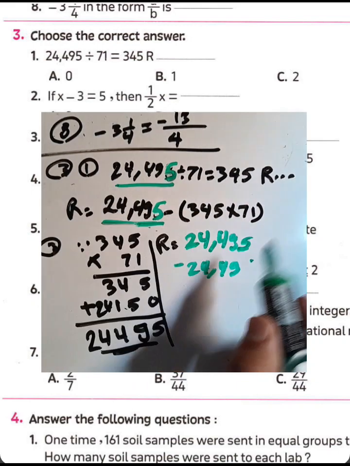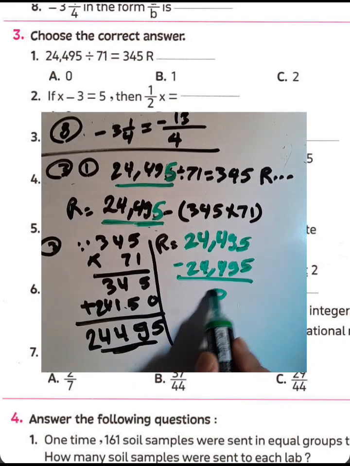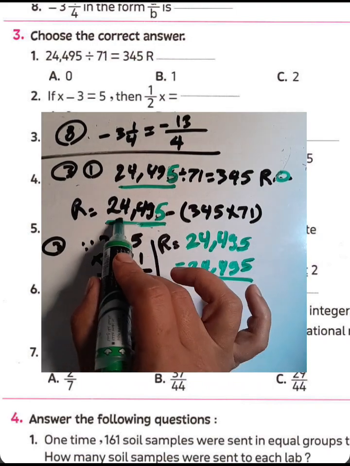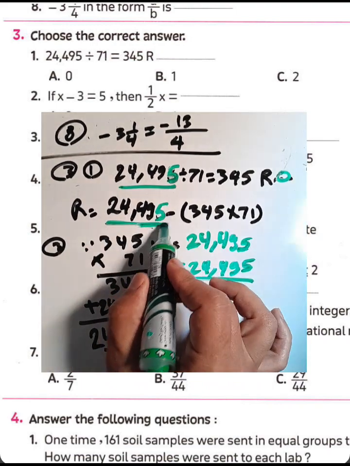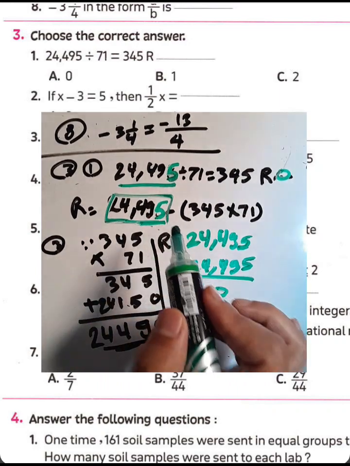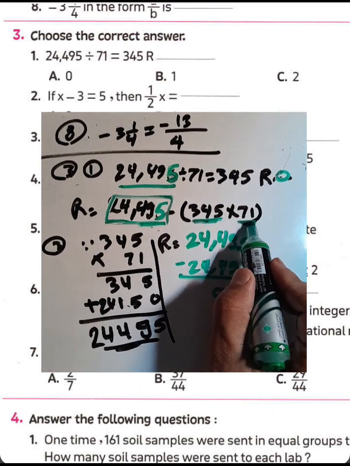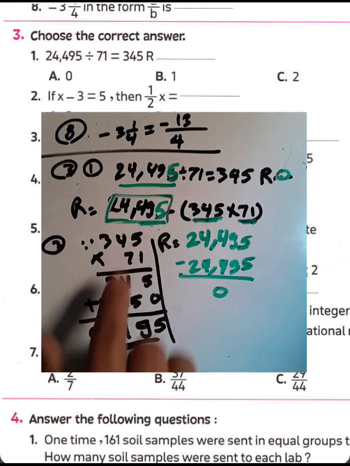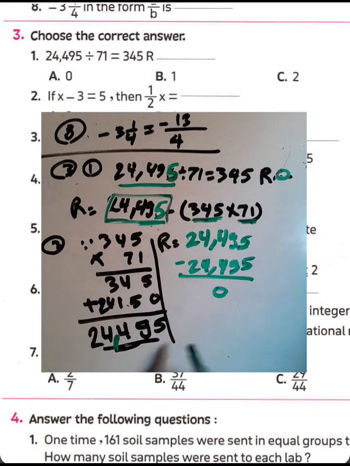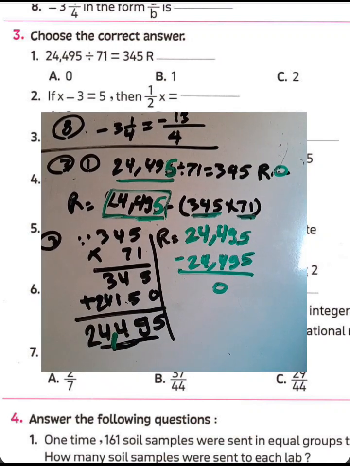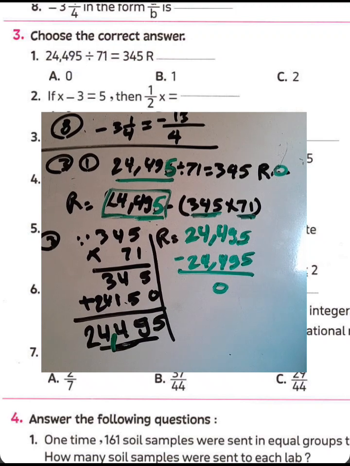So we have no remainder; the remainder here will be 0, because the multiplication of 345 by 71 is exactly the number 24,495. So the remainder will be equal 0. About question number 3, choose number 1, choose A.